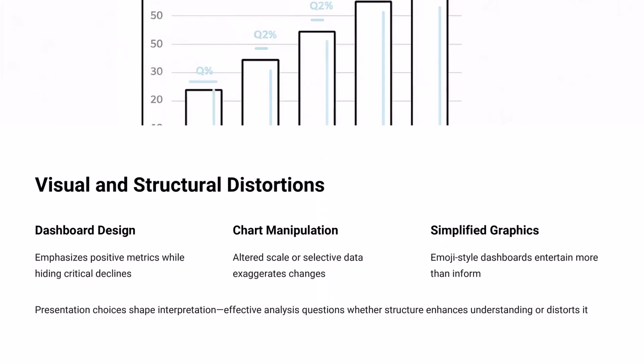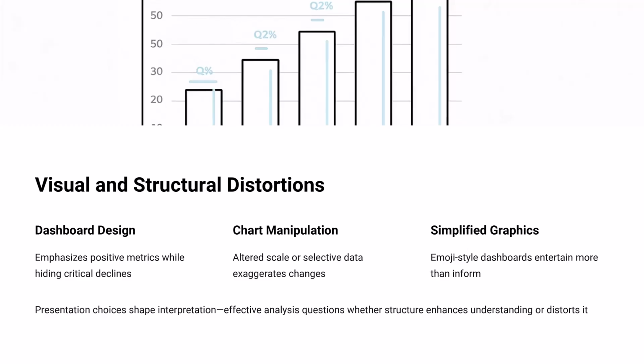Beyond words and numbers, formatting and presentation choices can mislead. Dashboard design may emphasize positive metrics while hiding critical declines in less prominent positions. Chart manipulation through altered scale or selective data inclusion can exaggerate changes and make small improvements look dramatic. And simplified graphics, like emoji-style dashboards, may entertain more than they inform, prioritizing visual appeal over substance.